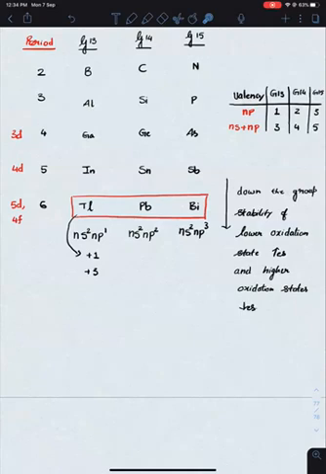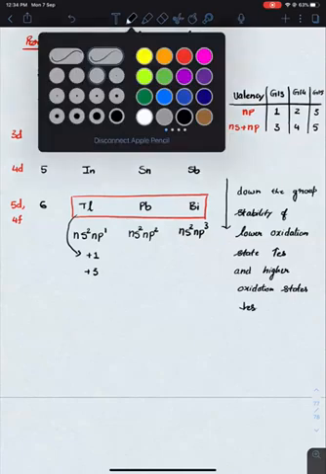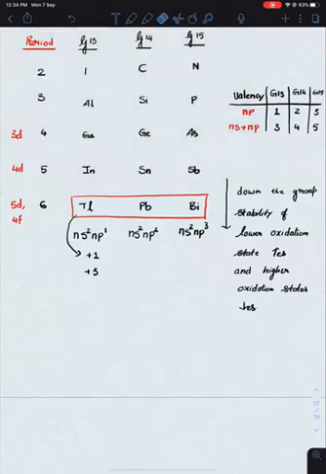Initially, in period 2 elements, the higher oxidation states are more stable than lower oxidation states. मतलब बोरॉन का +3 is more stable than +1, कार्बन का +4 is more stable than +2, नाइट्रोजन का +5 is more stable than +3.